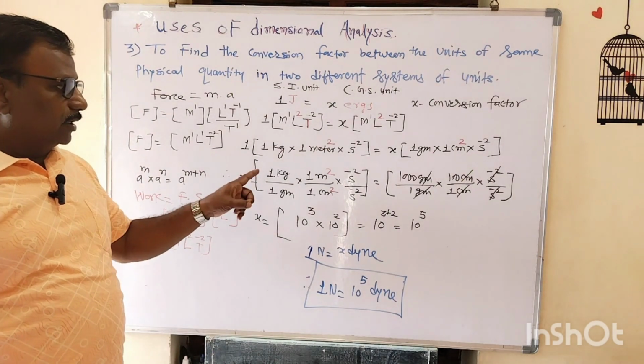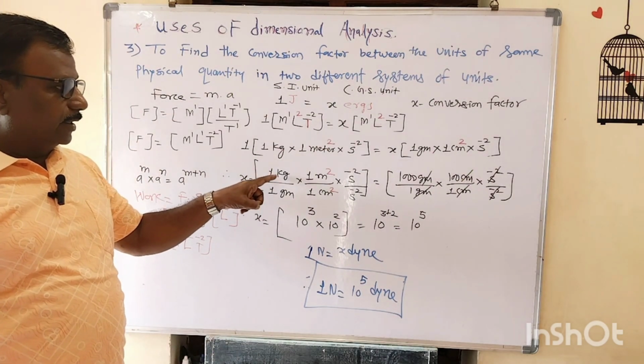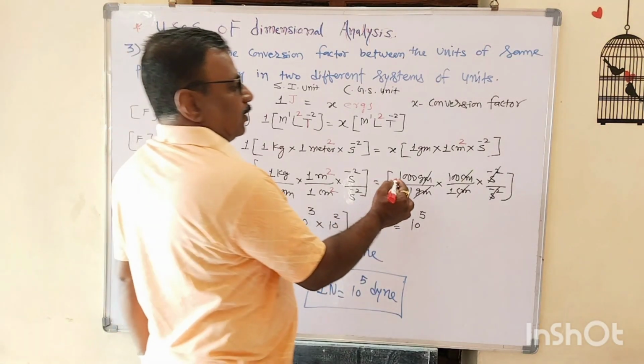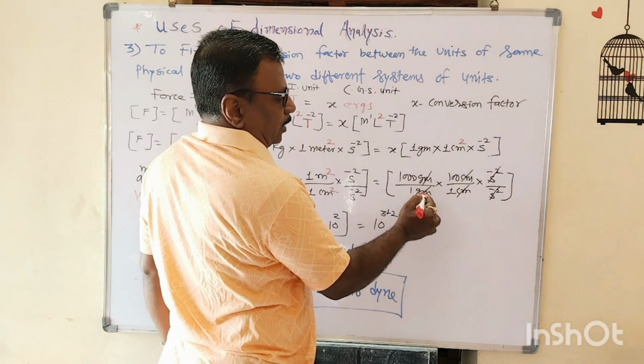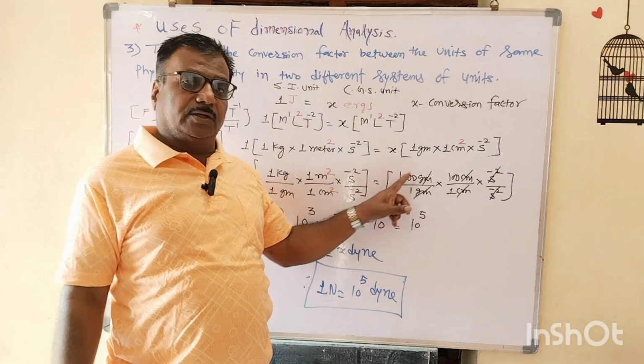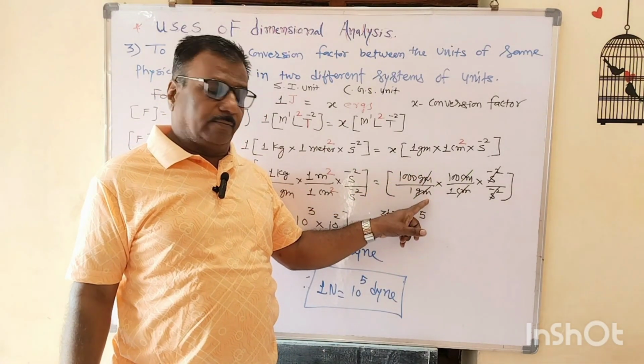Now convert kilogram into gram. We know that 1000 gram is equal to 1 kg. So 1 kg equal to 1000 gram divided by 1 gram.